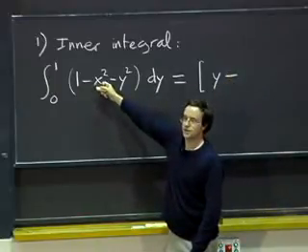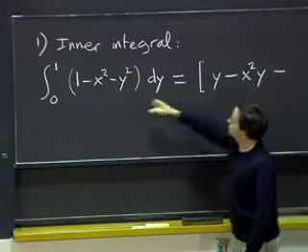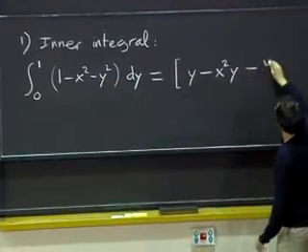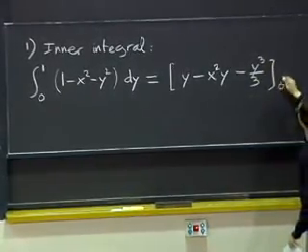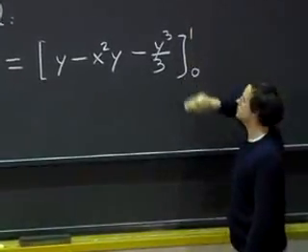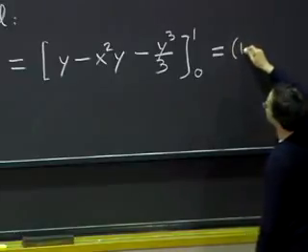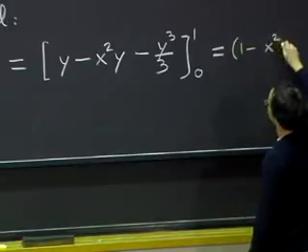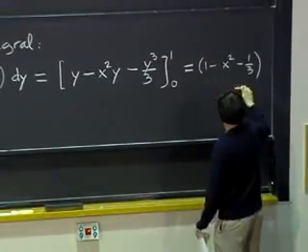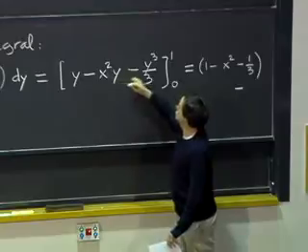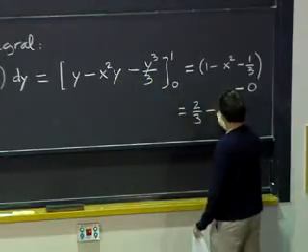The integral of x squared is x squared times y, and the integral of y squared is y cubed over 3. Then we plug in the bounds, 0 and 1. When you plug in y equals 1, you get 1 minus x squared minus 1/3, minus, for y equals 0, you get 0. So nothing changes. You're left with 2/3 minus x squared.